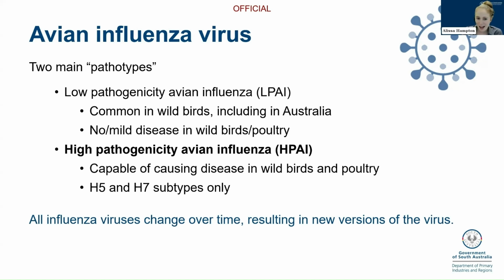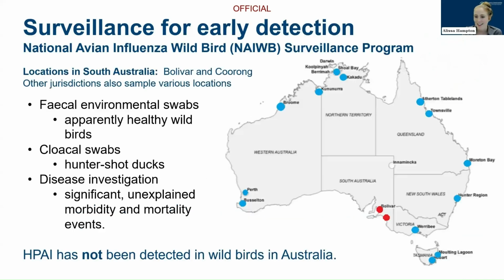HPAI, on the other hand, is capable of causing disease in a range of severity, in wild birds and poultry. These types are only found in the subtypes H5 and H7. Like all influenza viruses, they're constantly changing and evolving over time, and this can result in new versions of the virus emerging and can even cause low path H5 or H7 to become high path. Next slide.